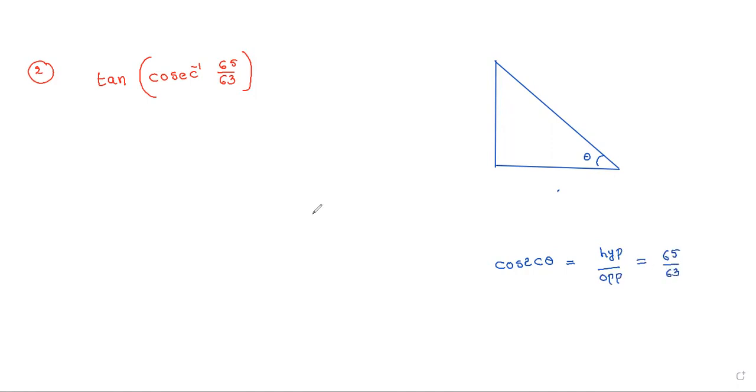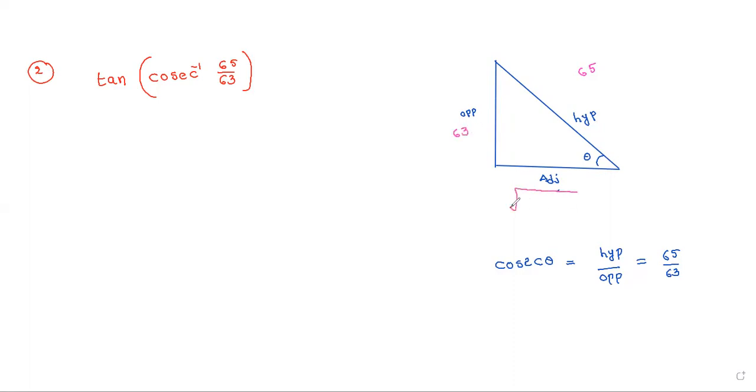Please observe. This is the opposite side, this is the adjacent side, this is the hypotenuse. What is given? Hypotenuse value 65, opposite side value 63. How to find the adjacent side?